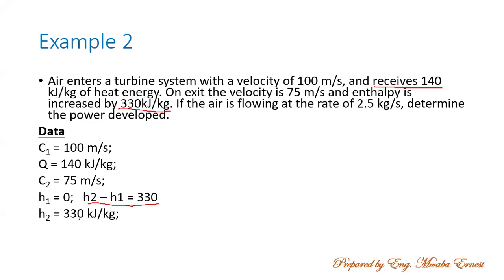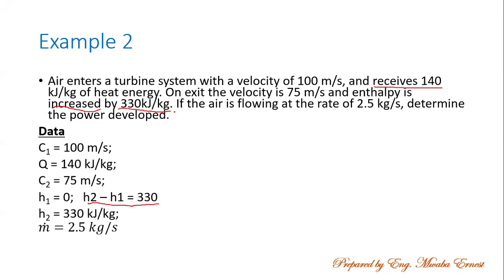You can use any other numbers as long as they satisfy this, but I always encourage you to make use of the 0. If by any chance the question had said this is decreased, then we're going to swap this. You have 0 for H2 and the other one for H1, because a decrease should have ended up with a negative value there. So for this question, that's the part where you need to be very careful.